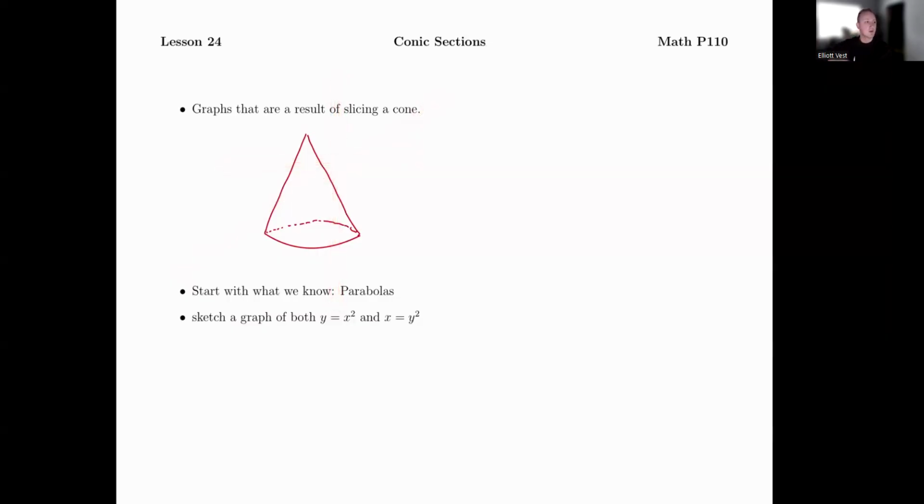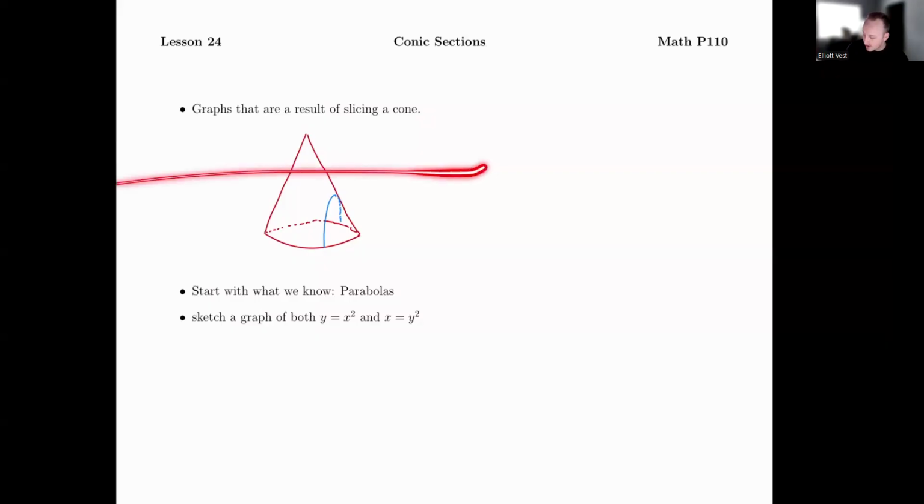Well, what would the resulting shape look that you sliced out if I sliced down right here? The slice I would end up creating on the cone would end up being a parabola, right? If I took this piece here and just removed it from that area on the cone, I would see like a parabola or an upside down parabola shape.